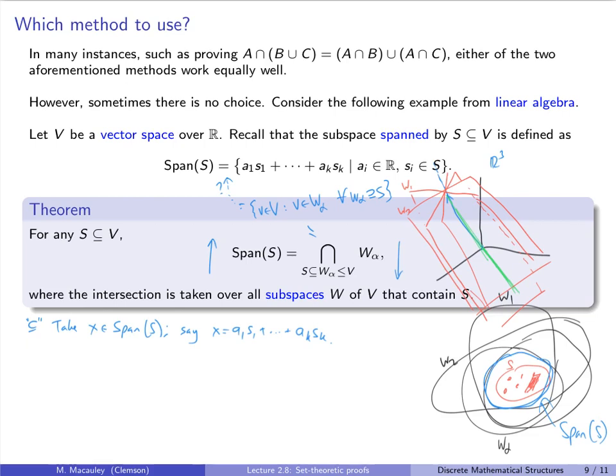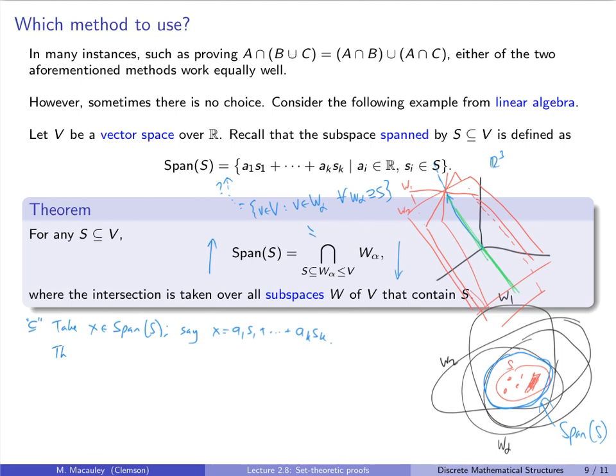We're just going to take an arbitrary element in here. It may look like that. And then what can we say? Well, since each W alpha is a vector space that contains S, then by definition, W alpha must contain this as well.